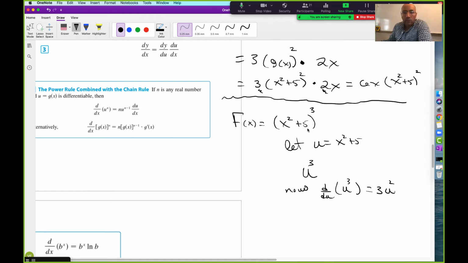However, this wasn't in terms of u, so that means that we get to use this property and write it as 3u squared times, but now because we did the substitution, we also have to include the derivative with respect to x of the u.